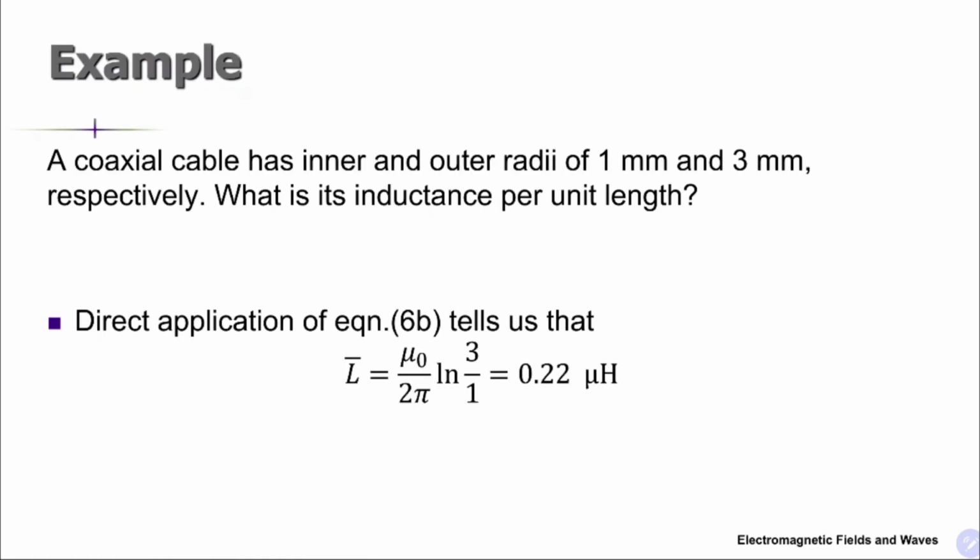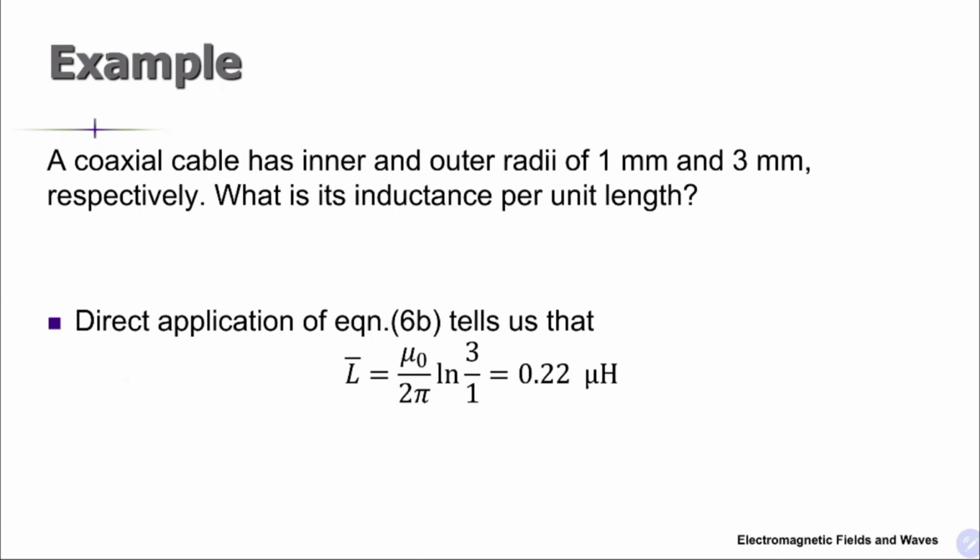Okay, so this is self-inductance for coaxial cable. Example: a coaxial cable has an inner and outer radius of 1 millimeter and 3 millimeters respectively. What is the inductance per unit length? Just direct application of equation 6b.